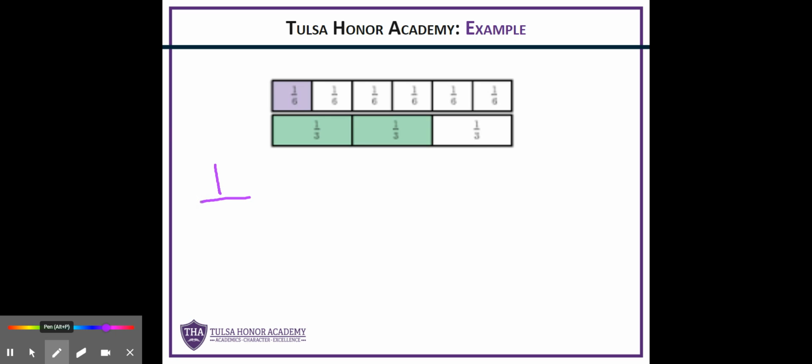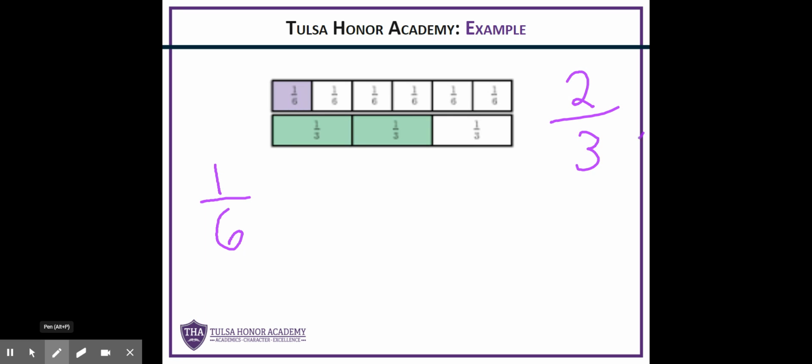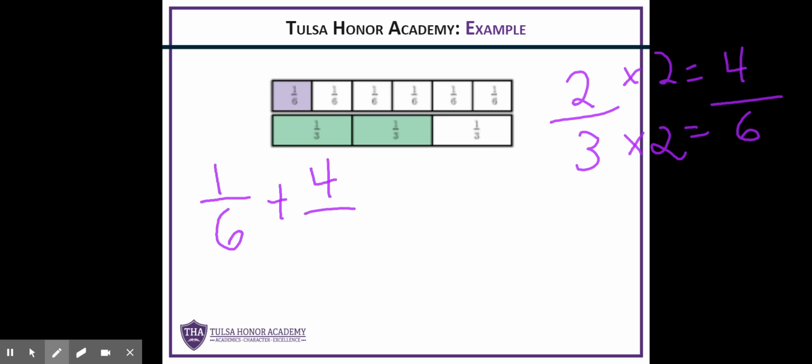In order to make 2/3 a fraction over 6, we multiply both top and bottom times 2 so that they're equal, and that will be 4 over 6. So in reality, in this problem we're adding 1/6 plus 4/6. With the denominator the same, our answer is 5/6.